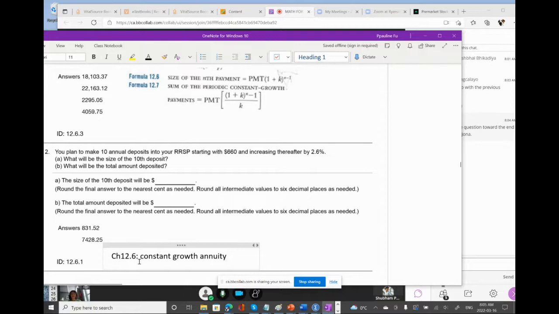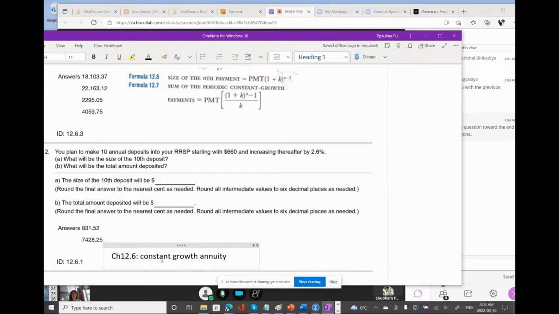Constant growth annuity. In this type of questions, remember so far our annuity. So for example, every month you pay $300. The first month you pay $300, next month $300, the month after $300. Now we are dealing with a different concept, constant growth.